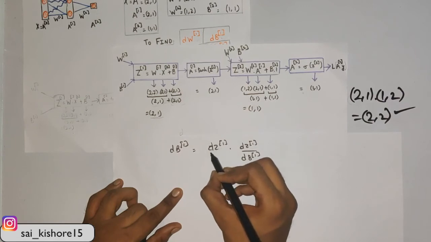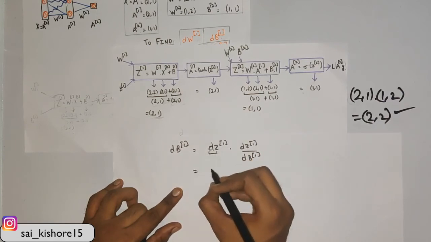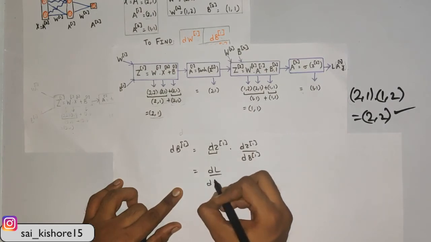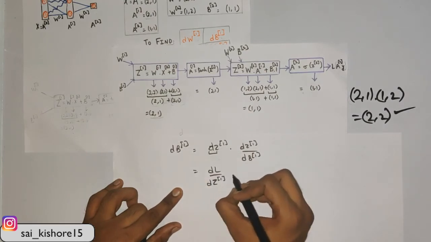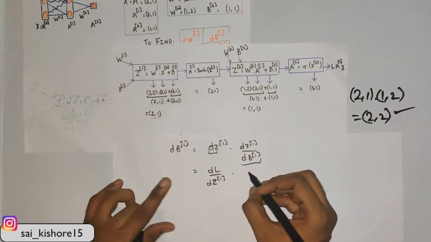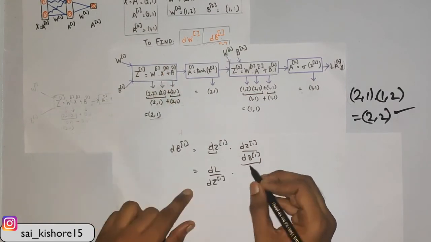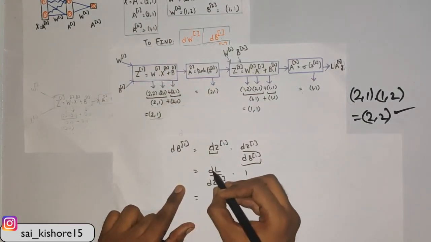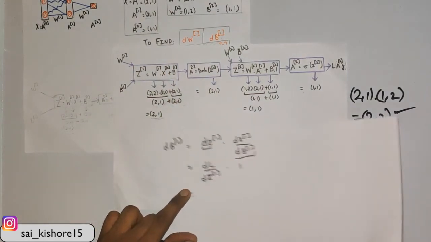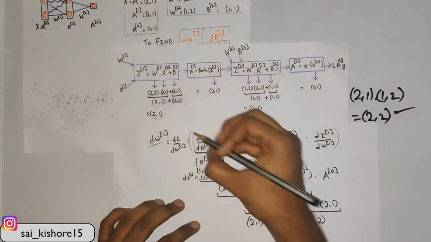Now note that this dz1 and this dz1 are not the same thing. This corresponds to dl by dz1 into the differentiation of this function with respect to b, which is 1. So what is dl by dz1? We have it here.